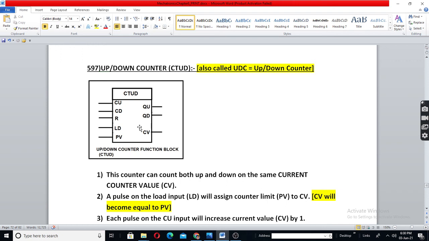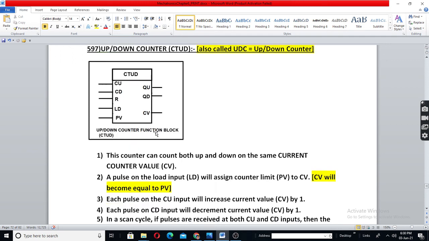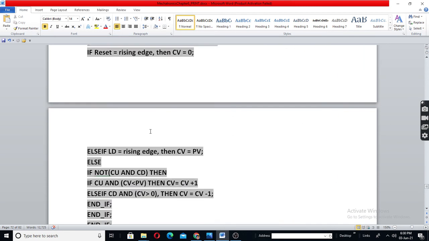If at any time in one scan cycle, a pulse is received at this input as well as this input, both, then the CV value will remain unchanged. It will not change. So like this it works.